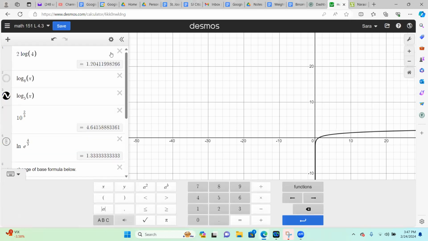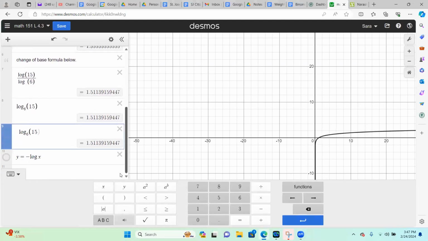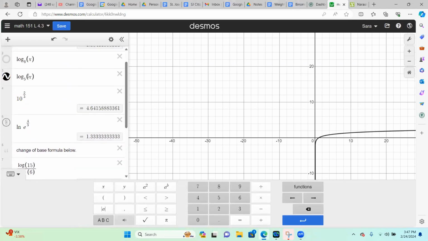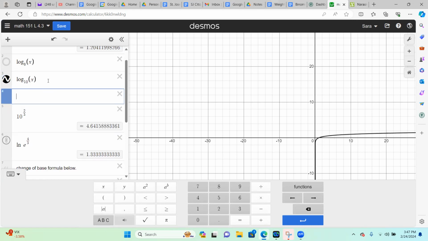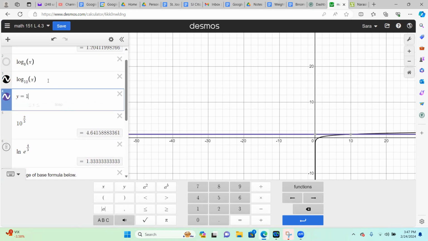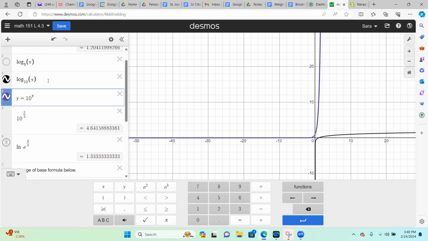So you can see if you look at just the log, this is the log base 5 of x. But if you look at just the log base 10 of x, it is the same as y equals 10 to the x.